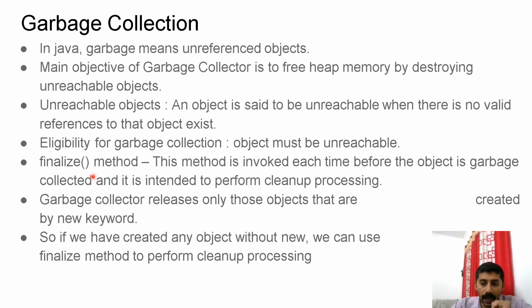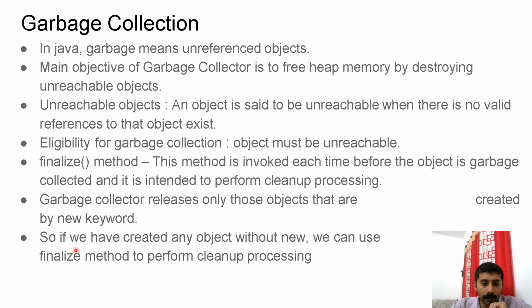That will be used at the time of releasing the object from memory. The garbage collector releases only those objects that are created by using the new keyword. You will be clear on this when learning programming. There is a keyword to create an object, that is the new keyword. Using this keyword, if you create an object, only for such objects is this garbage collection mechanism applicable.